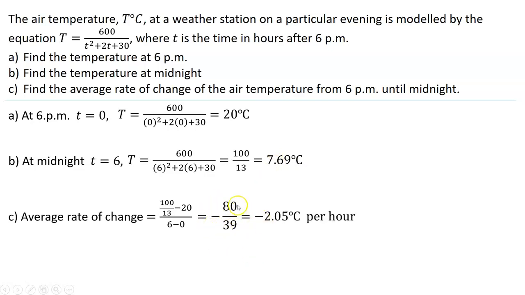So again, it's important to have an exact answer, so negative 80 over 39, but then to understand what actually is going on, it's a good idea to convert to a decimal and round in this case, so negative 2.05 degrees C per hour. So that means the temperature is decreasing, which obviously we can see that's happening. To move from 20 to 7 degrees, it's got colder and it's getting colder at an average rate of 2.05 degrees per hour.